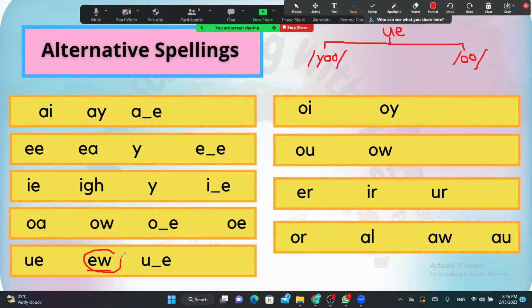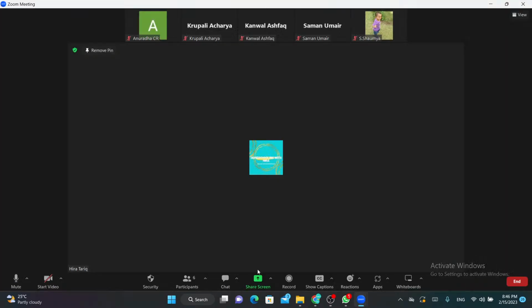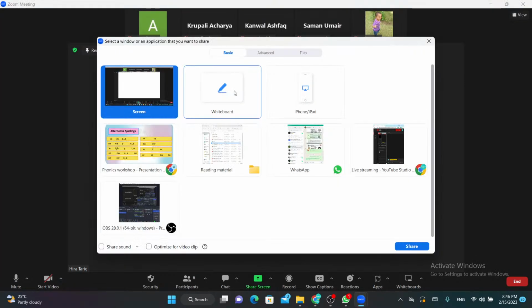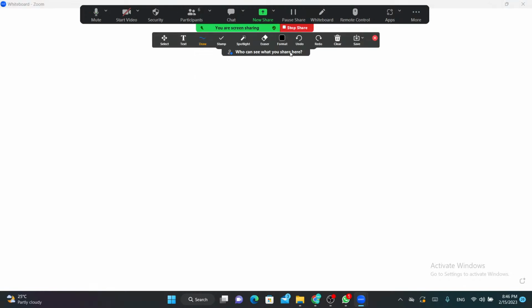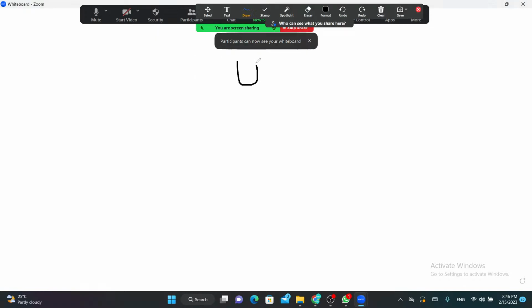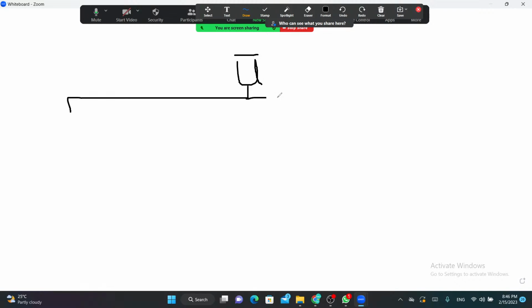For this I will share my screen and then we can just see this. Look at this. This is the long U. I'm making a dash at the top to represent that this is the long U sound. Long U sound has two alternative spellings.